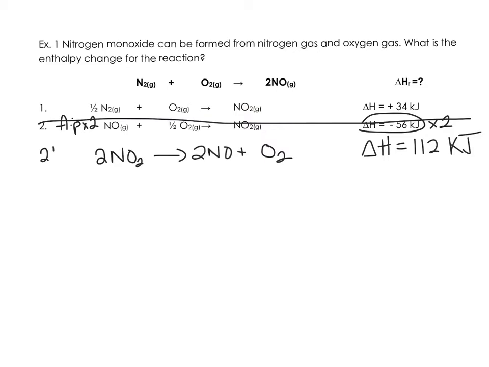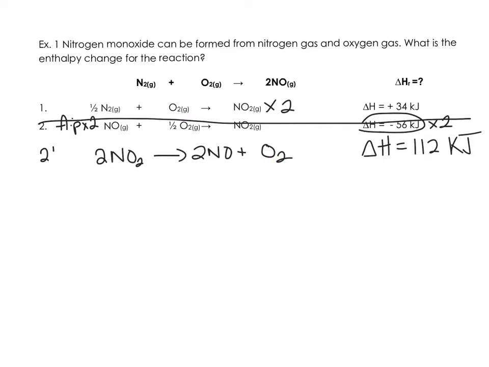So if we take equation number 1 and multiply it by 2, that will give us 2 NO2s on the right, which when I say right, I mean right of the arrow. Give us the 2 NO2s on the right, and because there's 2 NO2s on the left, they will cancel. And that will also give us 1 N2, which is what we want, and we'll end up with 2 O2s. We will cancel because we'll have 2 on the left, 1 on the right.